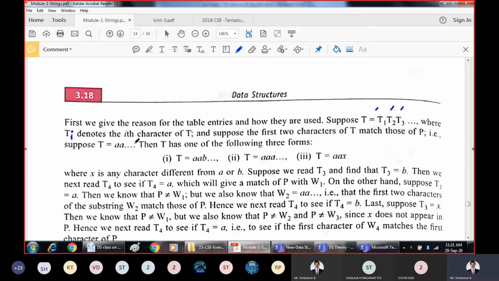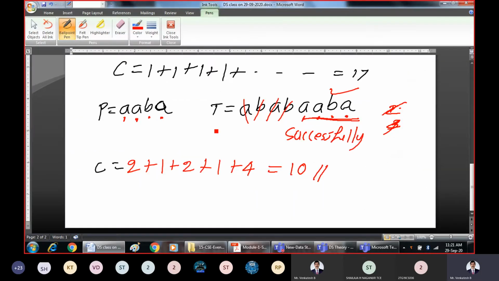So what we are made to assume here: suppose the first two characters of T match those of P. We are assuming that the first two characters are matching.